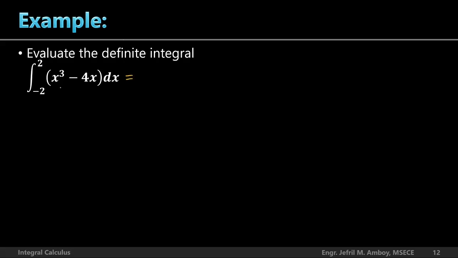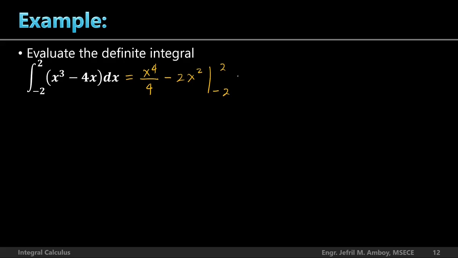So is this readily integrable? Yes. Okay, integrating the two terms individually, we will get x to the 4th over 4 minus 4x squared over 2 is just 2x squared. Tapos yan ay evaluate natin from negative 2 hanggang 2.